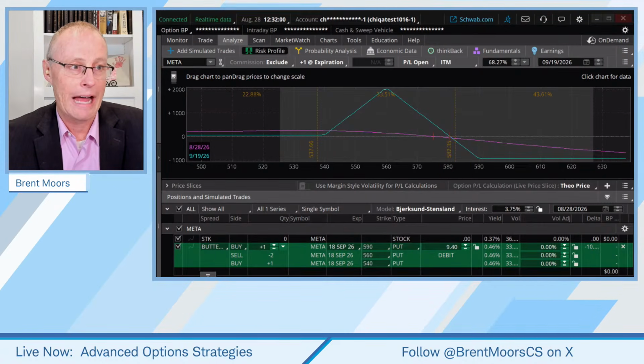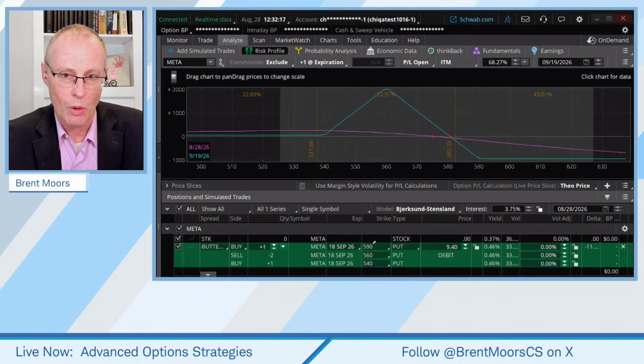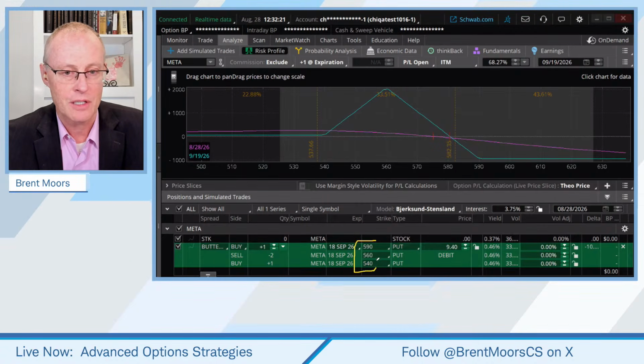If the answer is yes, we'll look at the chart on that, then we can do the trade, assuming it makes sense. If the answer is no, and we say, well, I think 590 may be more the area where I want to protect against, you know what I could do? I could just shift up each of these strike prices by $10.